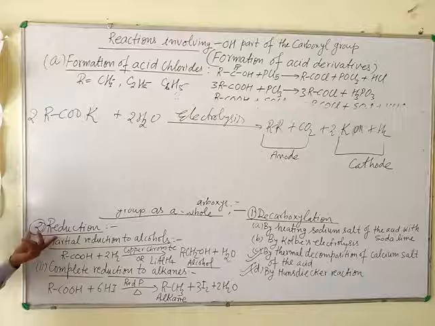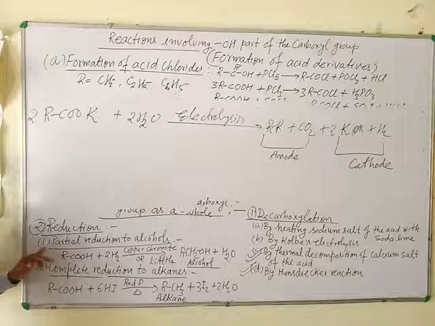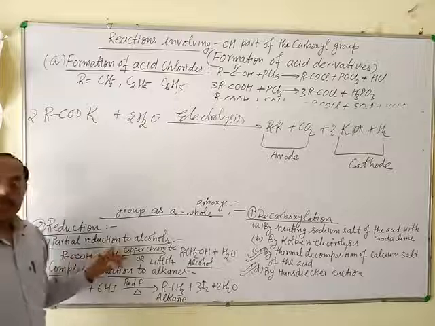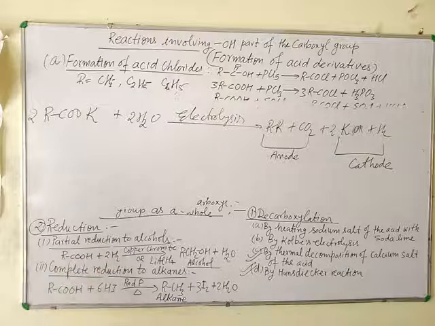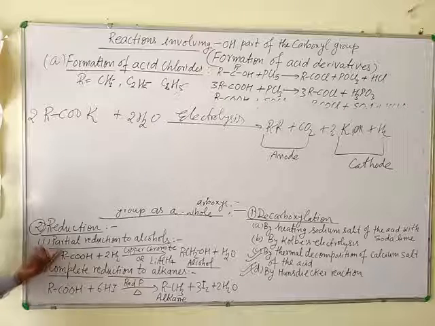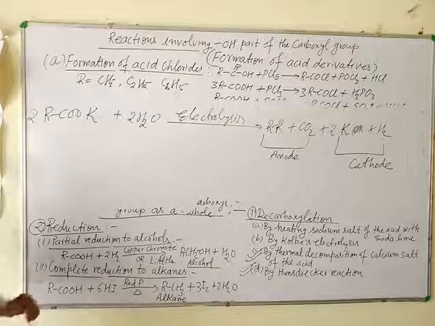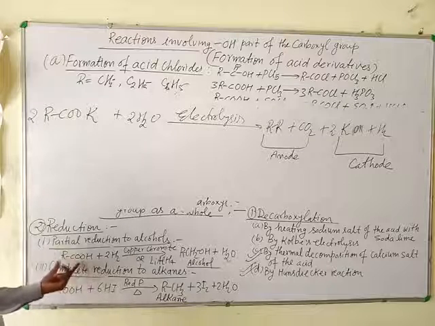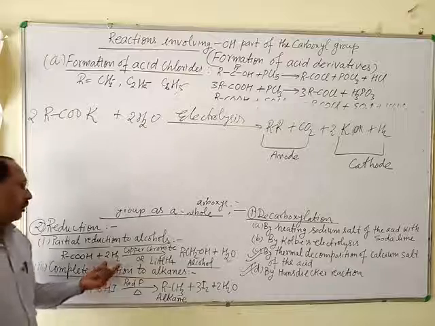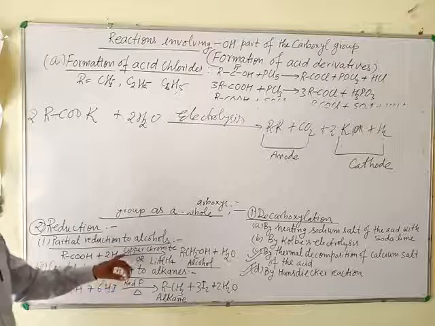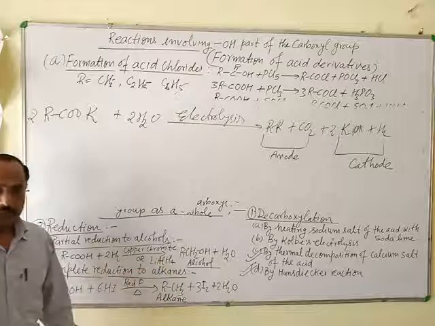Now come to the reduction of carboxylic acid. On partial reduction, carboxylic acid gives alcohol. Alcohols are obtained by the partial reduction of carboxylic acid, and it is carried out by treating carboxylic acid with molecular hydrogen in presence of copper chromite or lithium aluminum hydride.